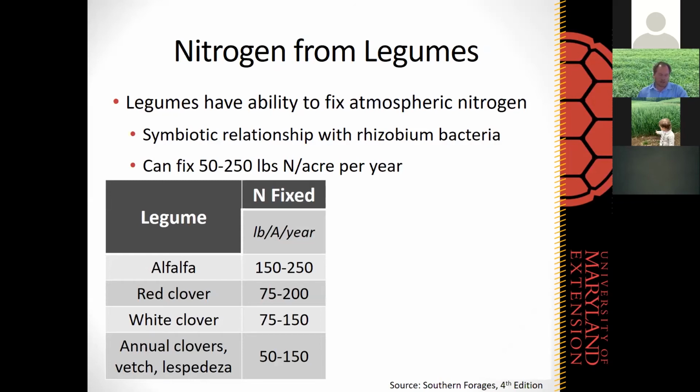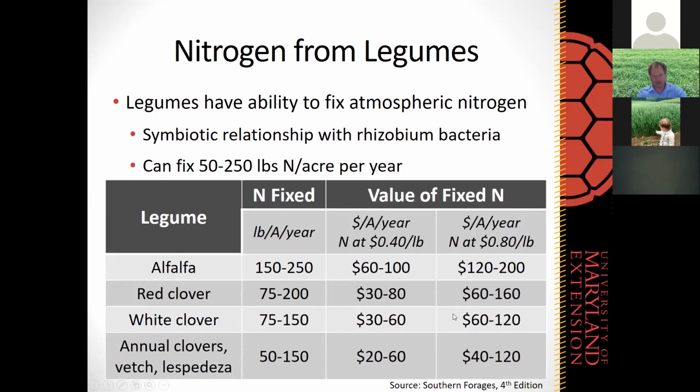Looking at the amount of nitrogen that can be available: alfalfa 150 to 250, red clover 75 to 200, white clover 75 to 150, and some of our annual clovers or lucerne, it's a little bit less, from 50 to 150 pounds of actual nitrogen that's fixed.